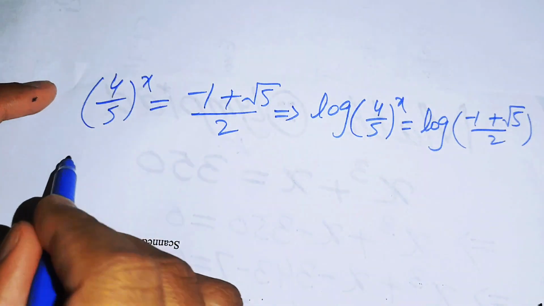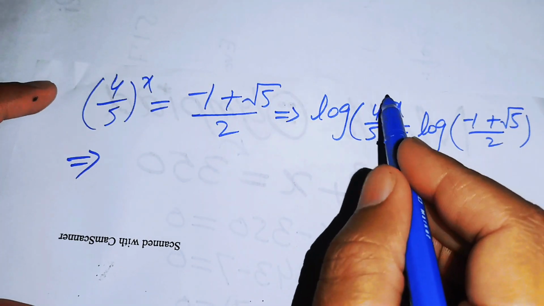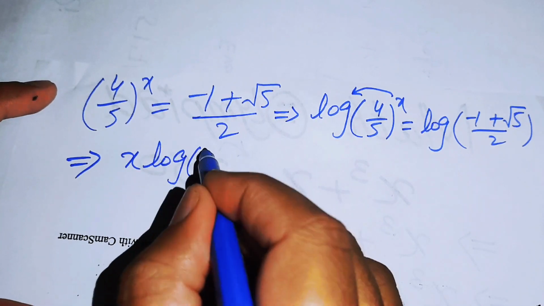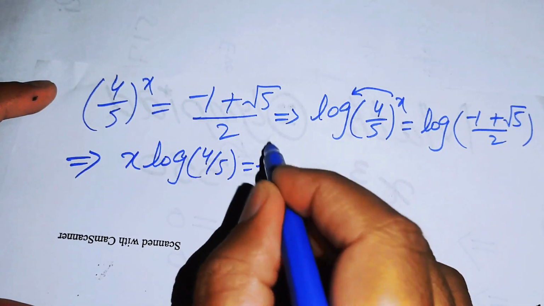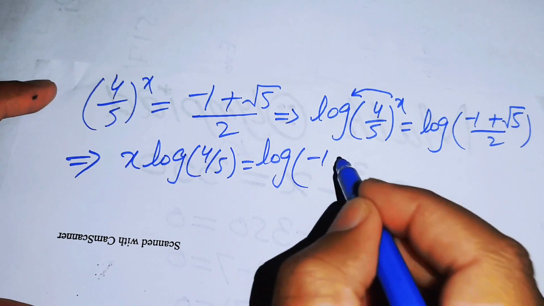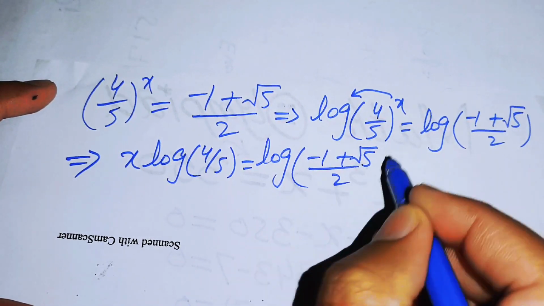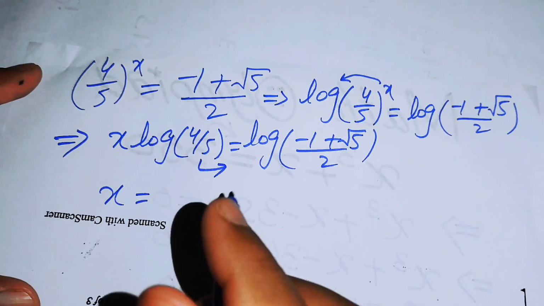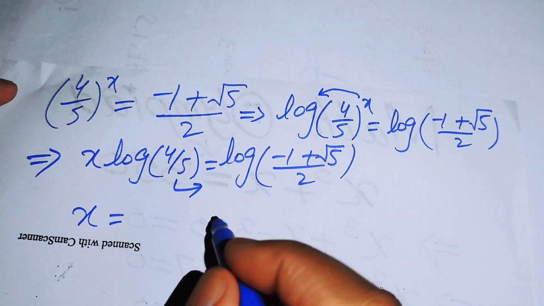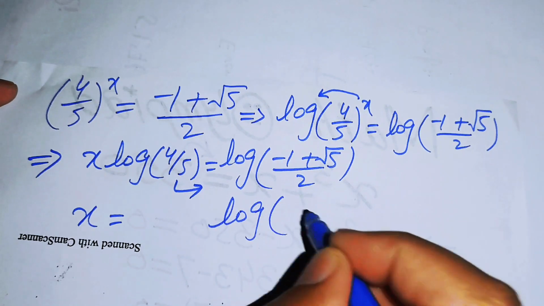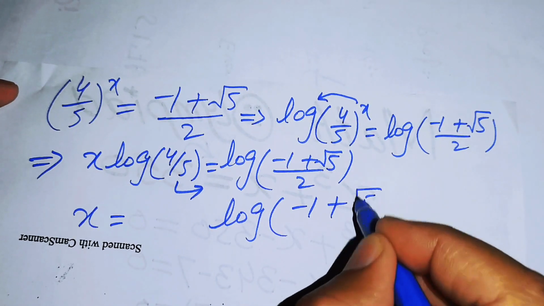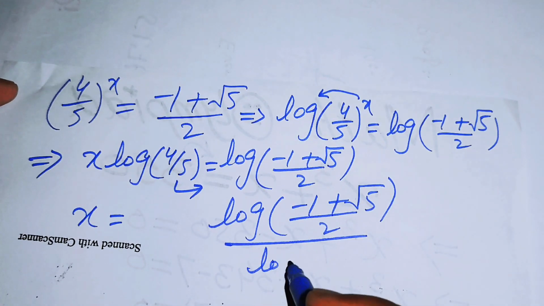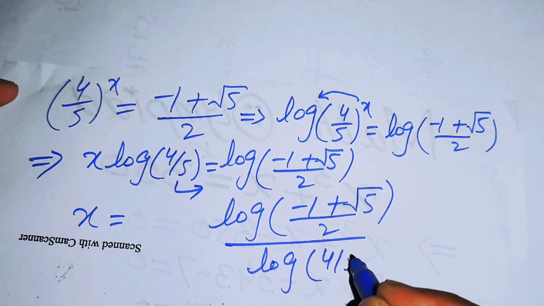Here I can apply the property of logarithm, and we will take this exponent in front of the log, and here we have x times log 4 over 5 is equal to log of minus 1 plus square root 5 over 2. Now we move this log to the right hand side and we get our final answer, which is x is equal to log of minus 1 plus square root 5 over 2, over log of 4 over 5.